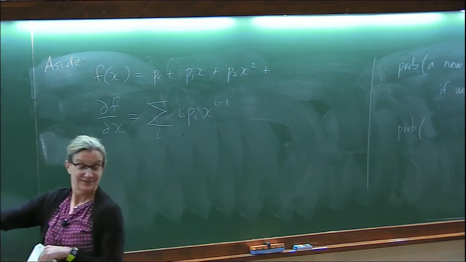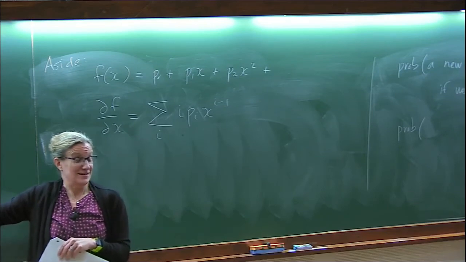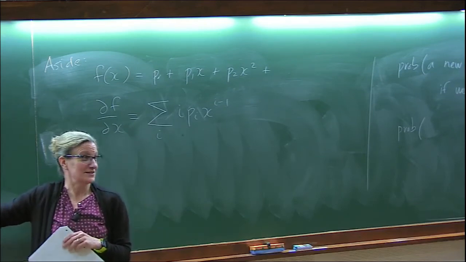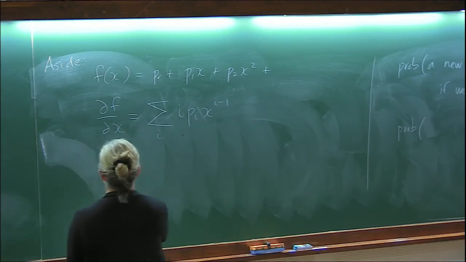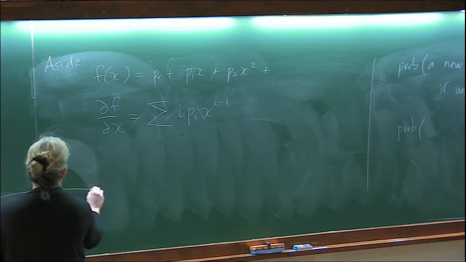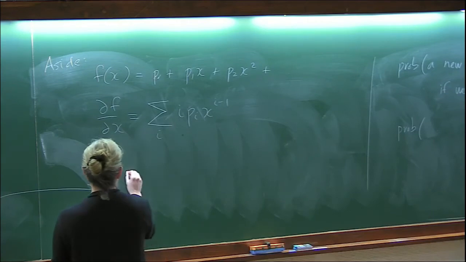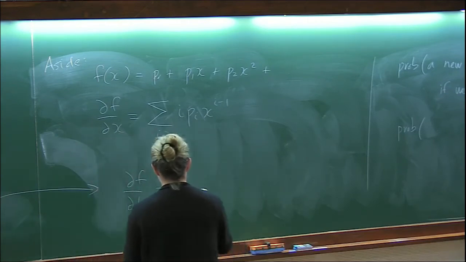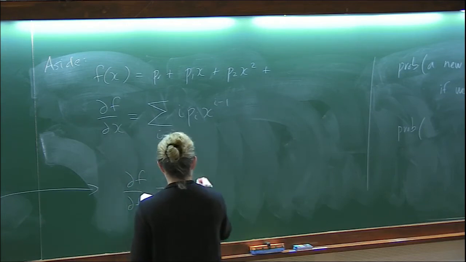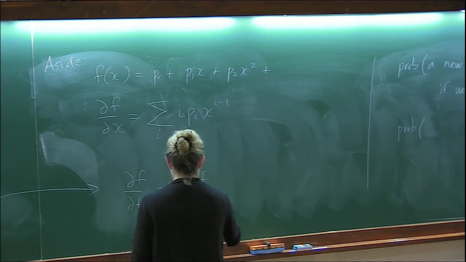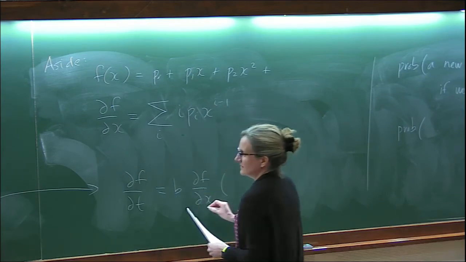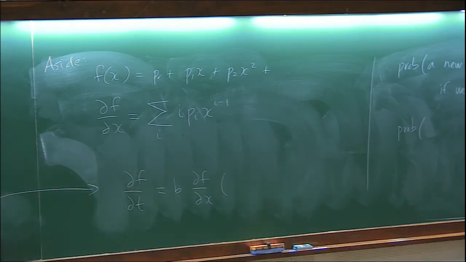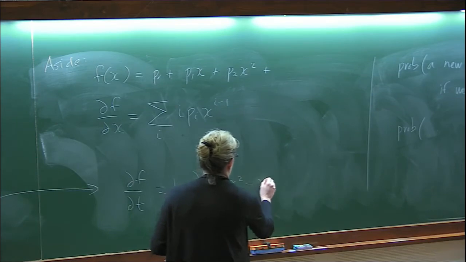Okay, but look. So you're getting very excited? I'm getting very excited. It's so lovely how these things work out. So we get from here, through the aside, df/dt is b times df/dx, and I've just got a couple extra terms here, 2 extra x's here and an extra x here. x squared minus x.